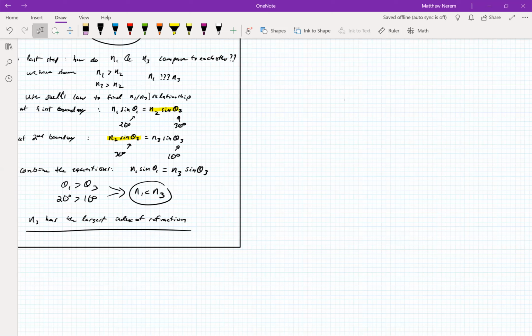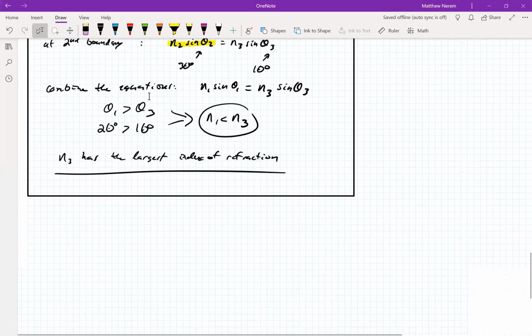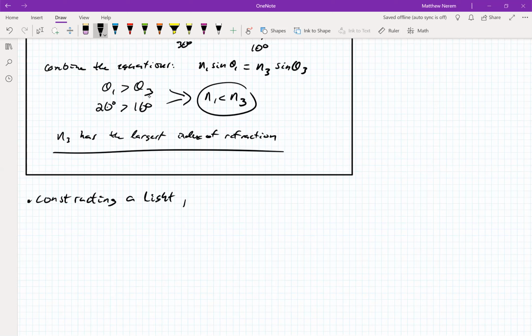And let's do another Snell's law. Let's do a weird one. All right. This is going to be constructing a light pipe. All right, so here's our setup.